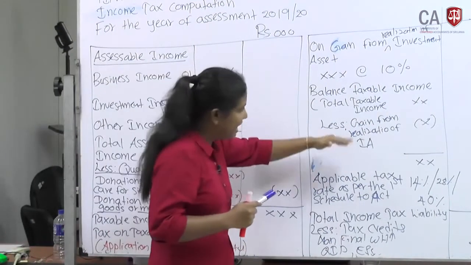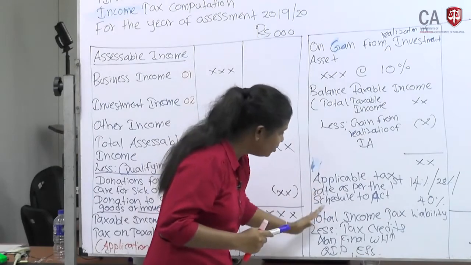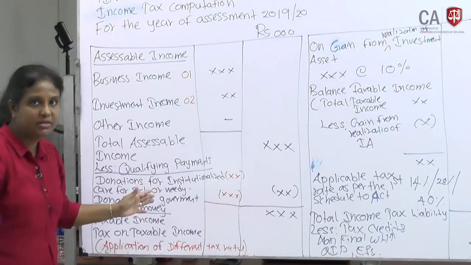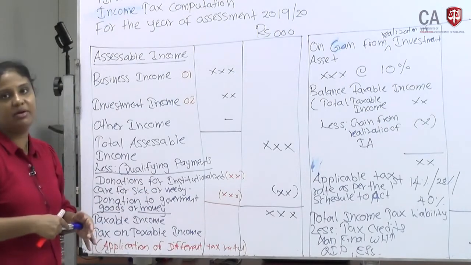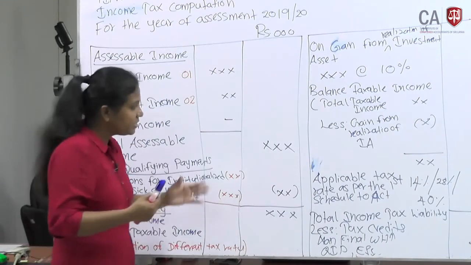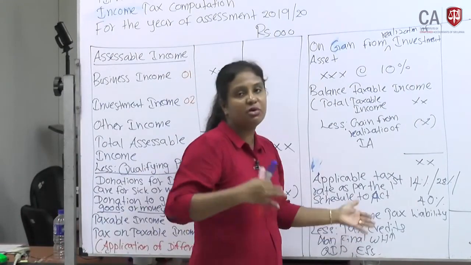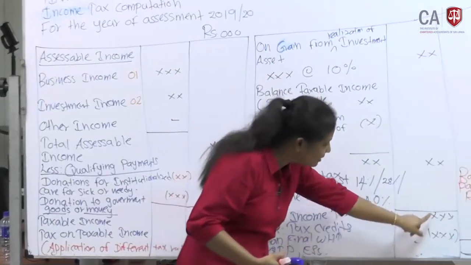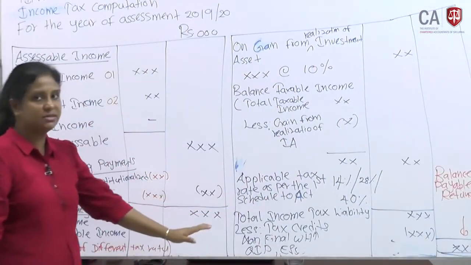Even take the space and have the total tax credits and all. When you are reading the question, if there is a qualifying payment, you can immediately put it here. And in the tax credits, if quarterly installment payments were paid, then when reading the question, you can put them in here. That's the importance.